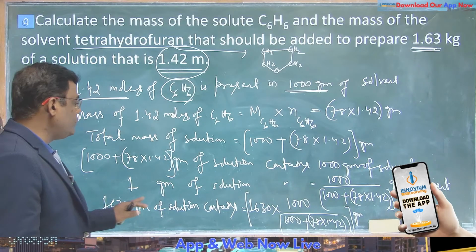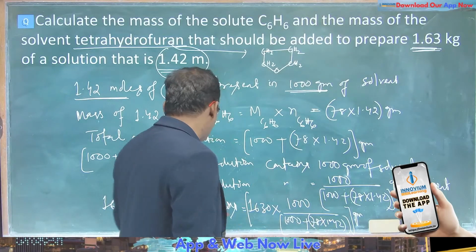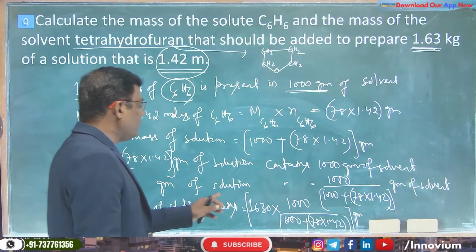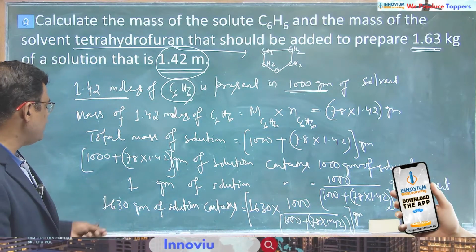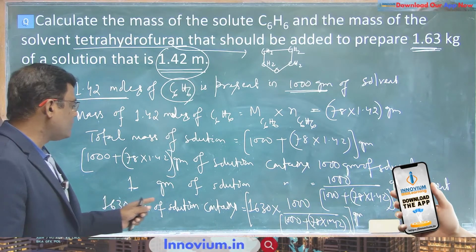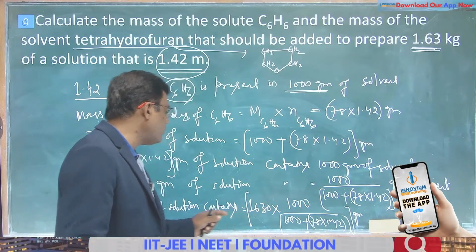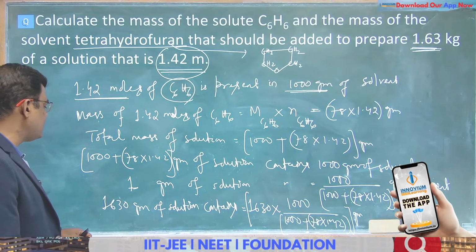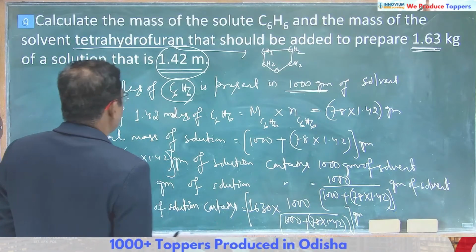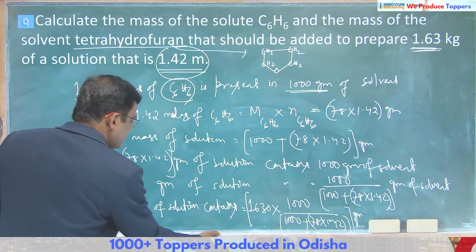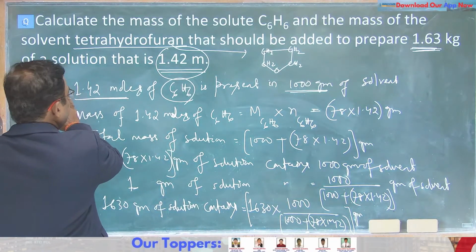Then if this is the mass of solvent, what is the mass of solute? Very easy. Simply we subtract this mass of solvent out of 1630, and we'll get the mass of solute, correct? So here I am calculating the mass of solute.